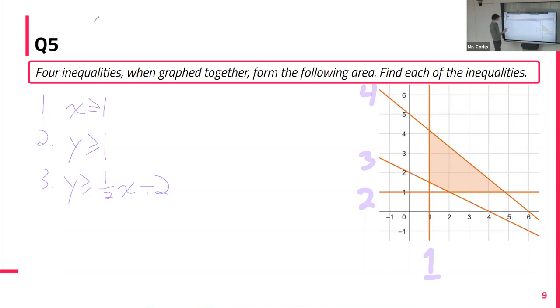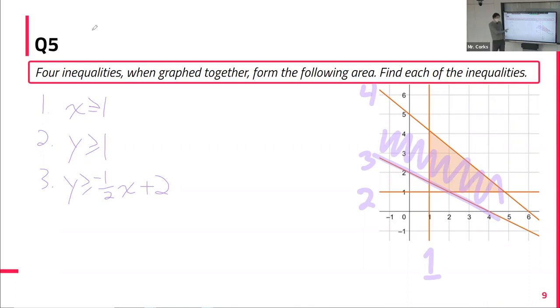Okay, I'll talk about that in a moment. There's still a problem with this. The slope is negative. Negative slope here. So it's going down, negative slope. And we're shading above because here's the line, but the y values can be that, or they can be anything above that, so greater than or equal.